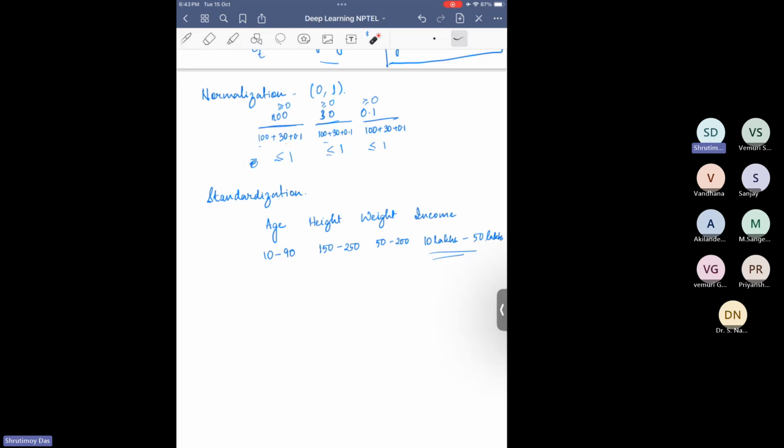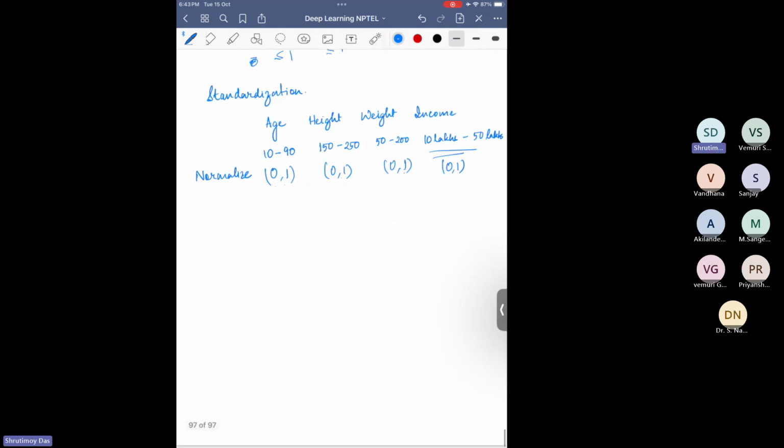Let me say I do a normalization: I'll make this lie between 0 and 1, this between 0 and 1, and so on. This is a normalization step. Now the values are comparable, something like 0.6, 0.3, and so on.